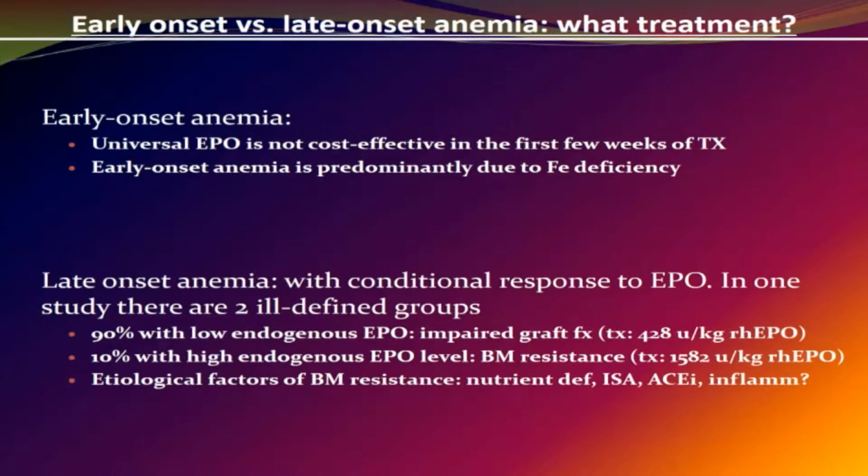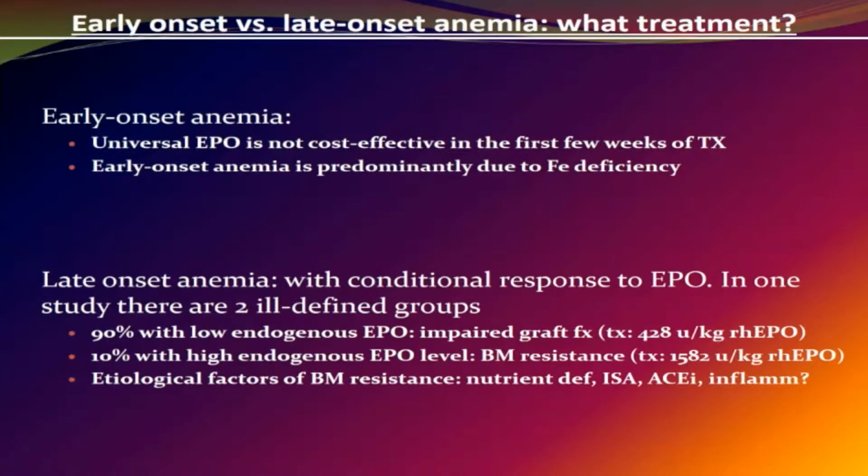In one study, there are two ill-defined groups. 90% has low endogenous erythropoietin, apparently from impaired graft function, and they tend to require low-dose recombinant human erythropoietin for correction of anemia. Another 10% has a high endogenous erythropoietin level, most likely from bone marrow resistance, and they tend to require larger doses of recombinant human erythropoietin.